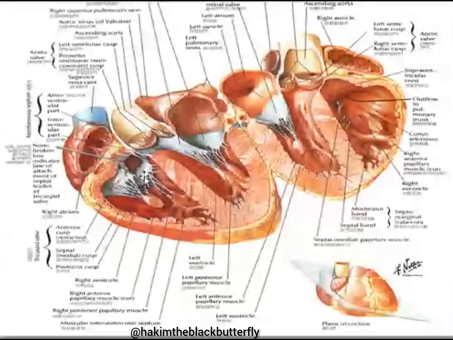That's why they call it the septal cusp. And then we have another cusp there, which is attached to the anterior surface. That's why they call it the anterior cusp.